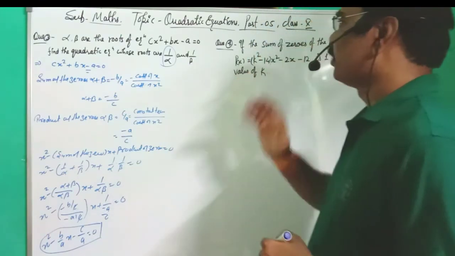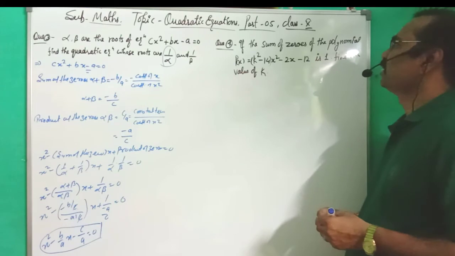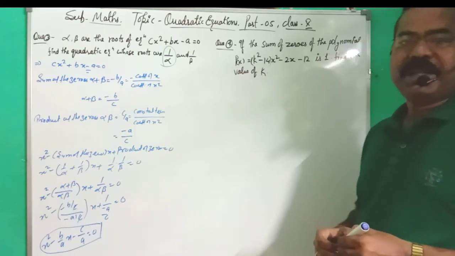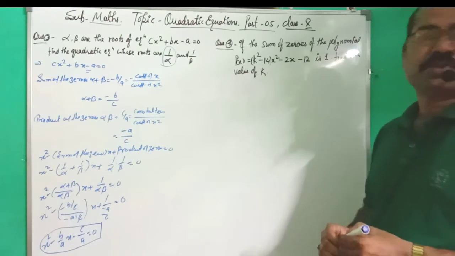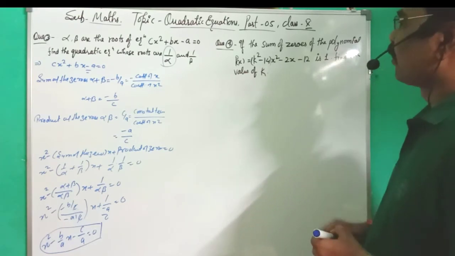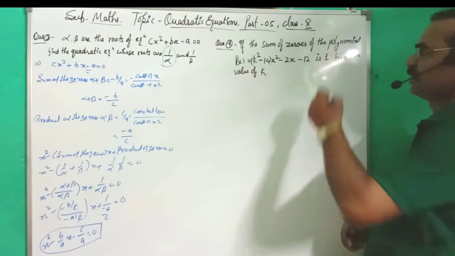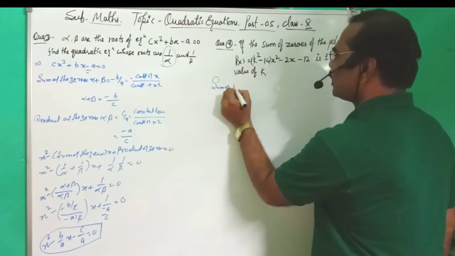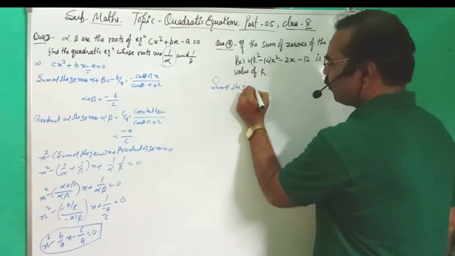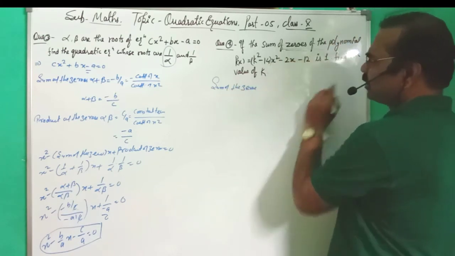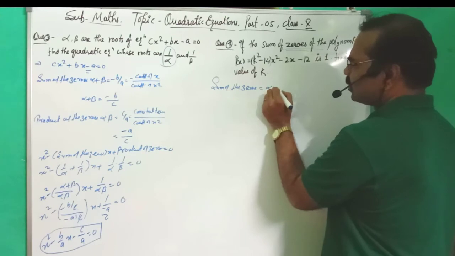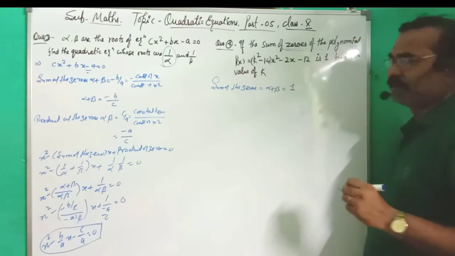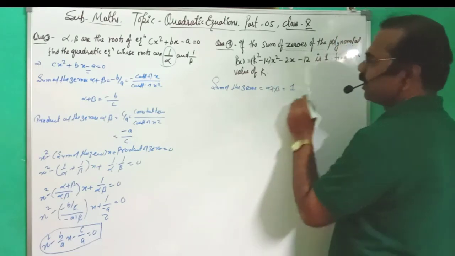Now students, we have to take another question. If the sum of the zeros of the polynomial p(x) is equal to (k square minus 14)x square minus 2x minus 12 is 1, then find the value of k. Okay students, first we take what is given. The sum of the zeros, alpha plus beta, is given as 1.